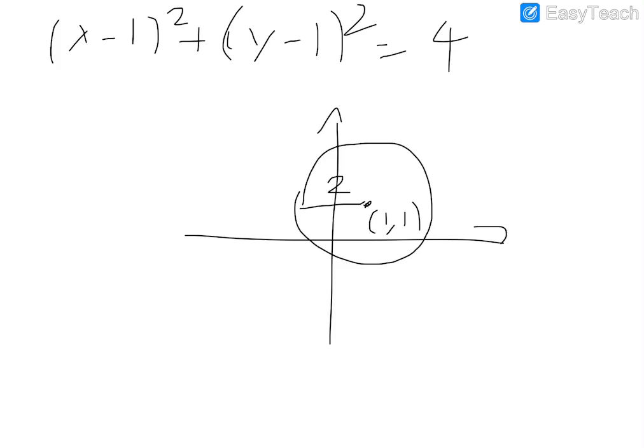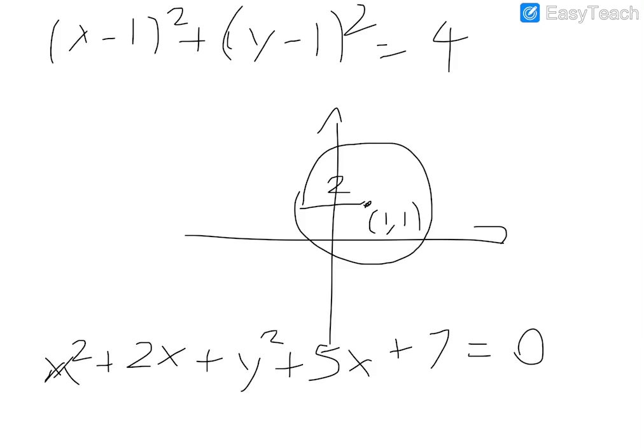And keep in mind that it's not always going to give you it that nice. Sometimes it might be something like x squared plus 2x plus y squared plus 5x plus 7 equals 0, or something like that. And you just have to use completing the square to write this in the general form.